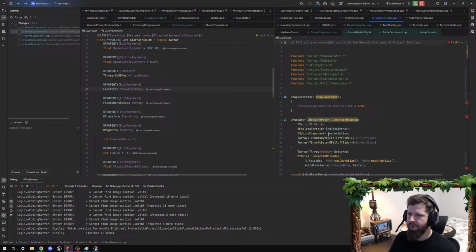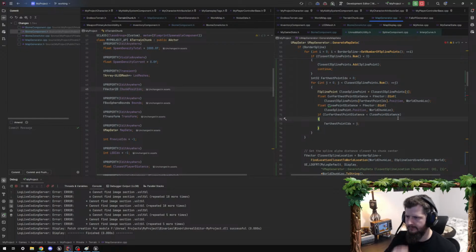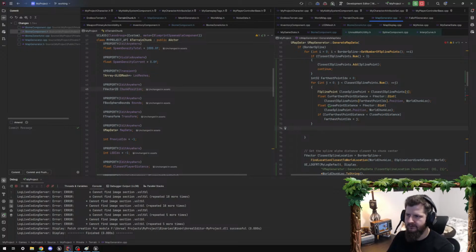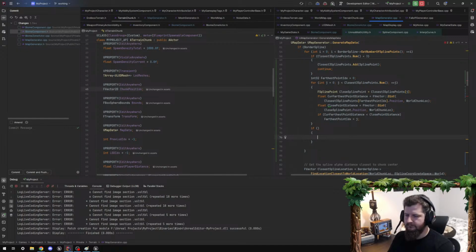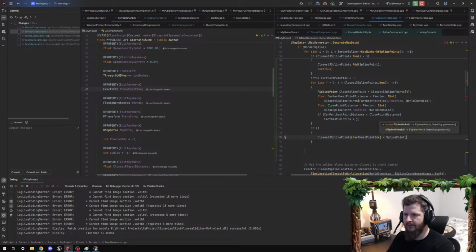Oh dear. There we go. Okay. So now that I have the farthest point index, I can do if closest point index at that farthest point equals spline point.